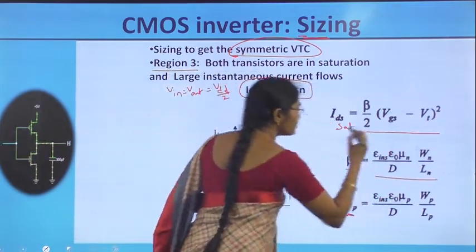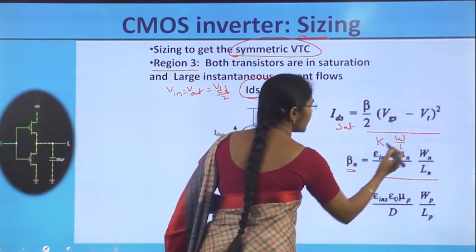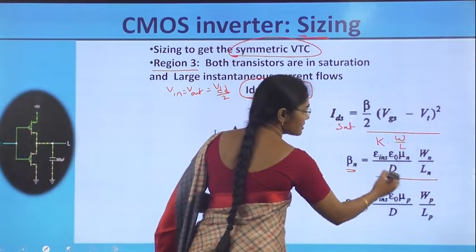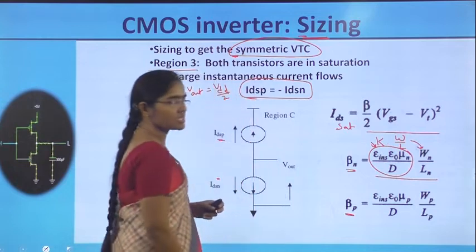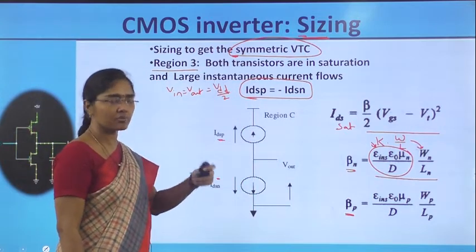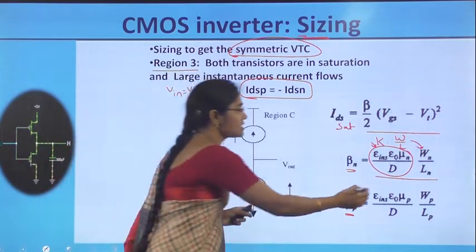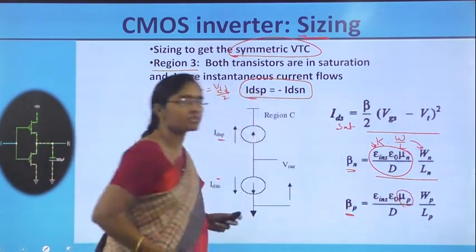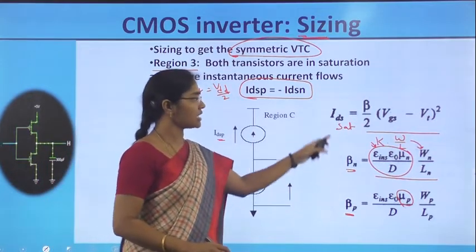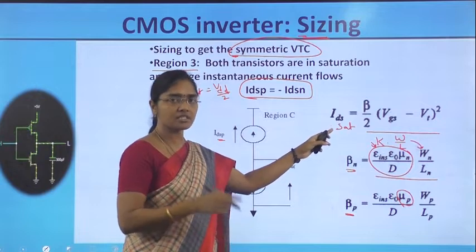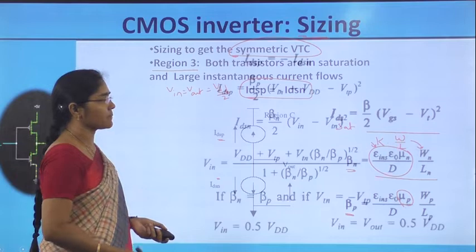Beta n is K into W by L, where K is epsilon naught epsilon insulator mu n by D, and W and L are represented as Wn, Ln for the NMOS, and Wp, Lp for the PMOS. Here mu n and mu p are also different for the NMOS and PMOS transistors. By substituting these into IDSP and IDSN and equating them, we can get the sizes of the transistors.